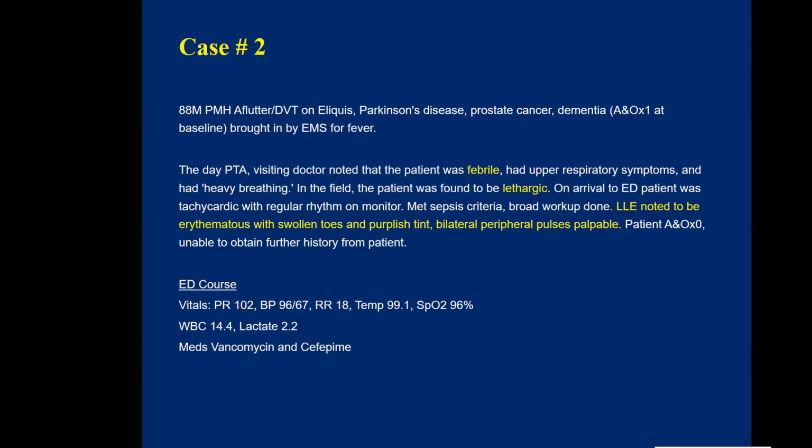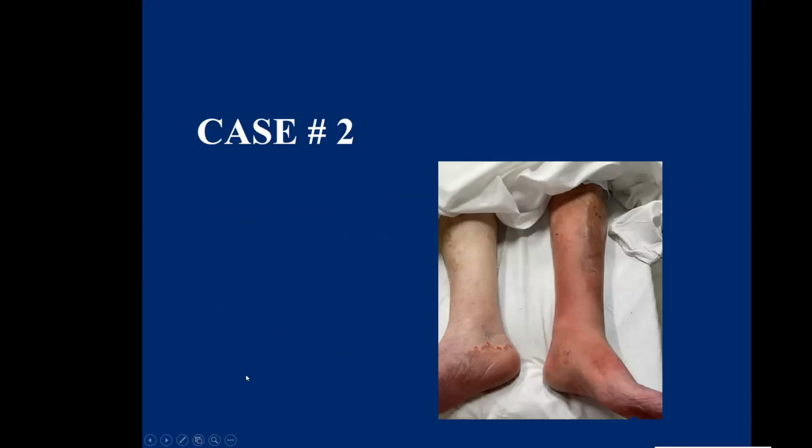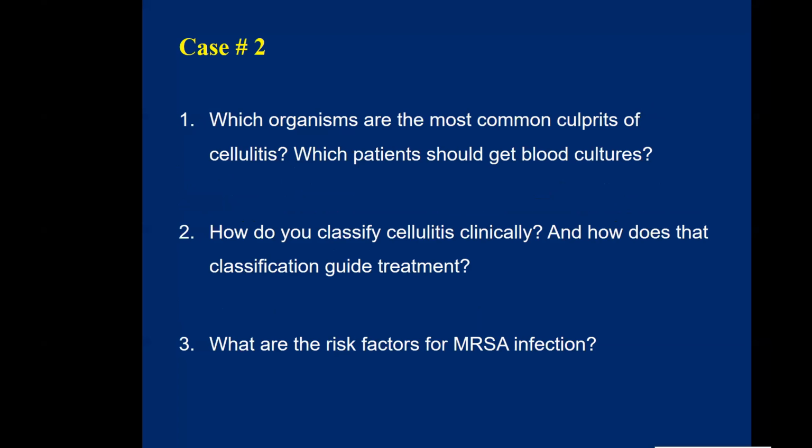So I'm gonna go back to his picture just so everyone takes a look. Somewhat similar admission, like left, right leg, same as our other patient, but a little bit more symptomatic.